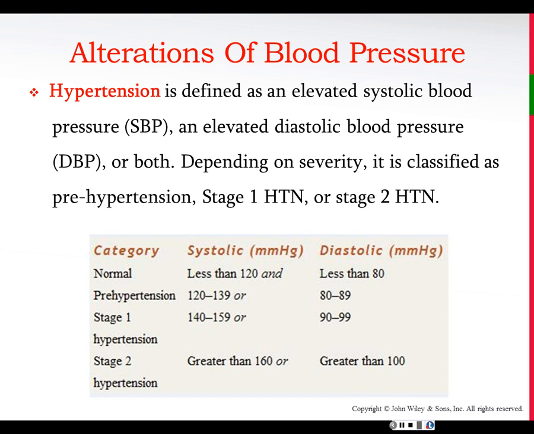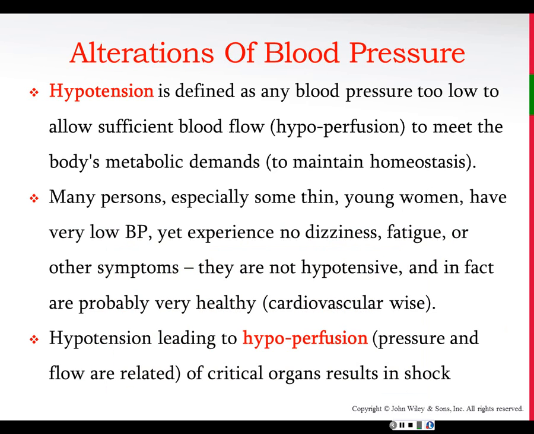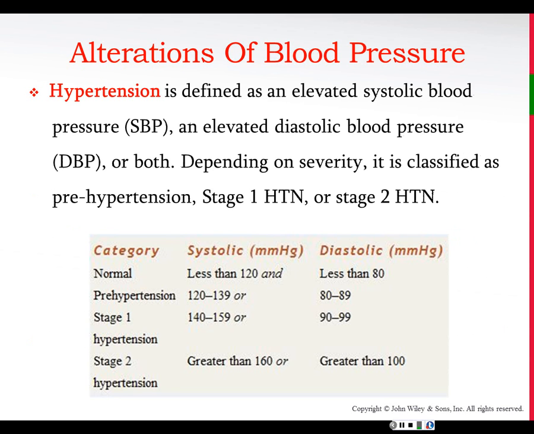Now, usually we break hypertension up into one of two categories. We call it primary versus secondary hypertension. And I don't have a slide that talks to you about that, but I'll just kind of tell you very quickly. Primary hypertension is a situation in which hypertension or high blood pressure is the issue. You don't really know why that person has hypertension, but you know that they have it based upon those physical measurements that are made.